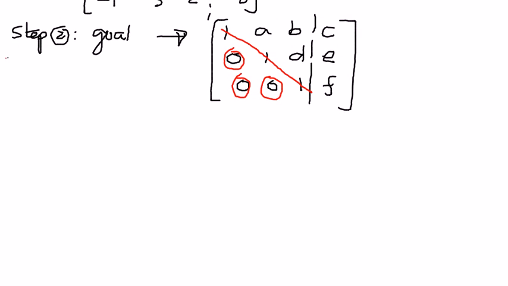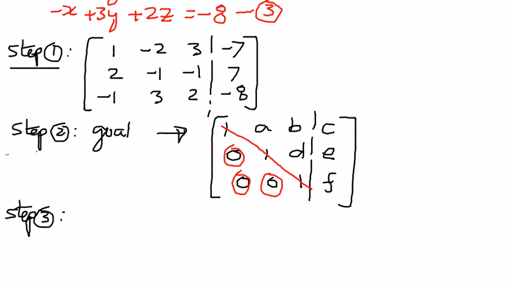In this next step, step 3, we're going to use row operations to achieve what we want. We want a 0 in this location, and we want a 0 in that location. So how do we get that?